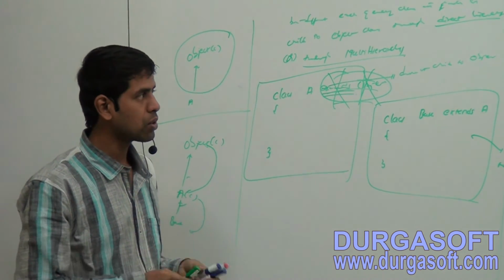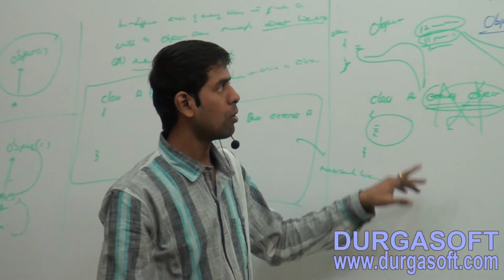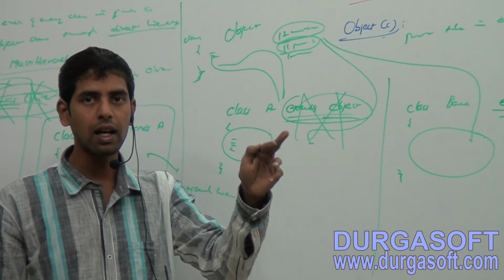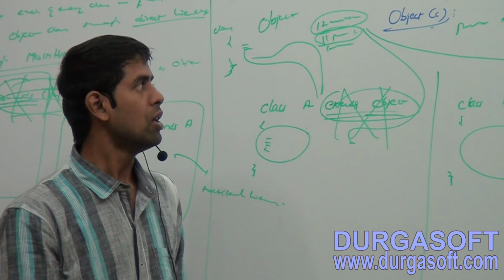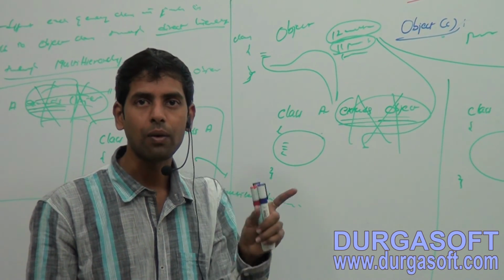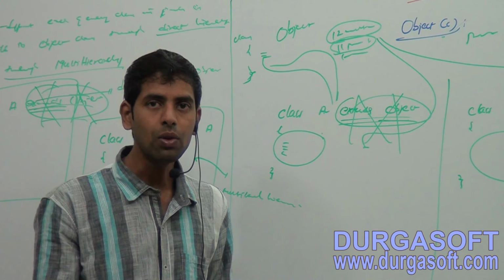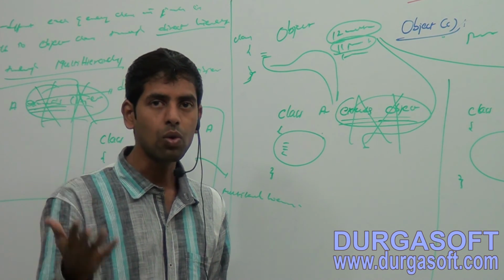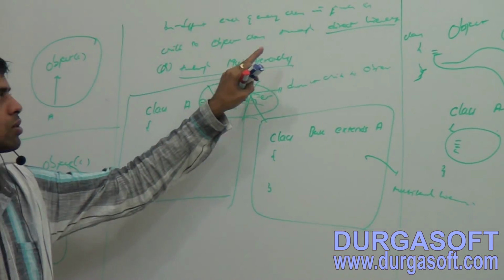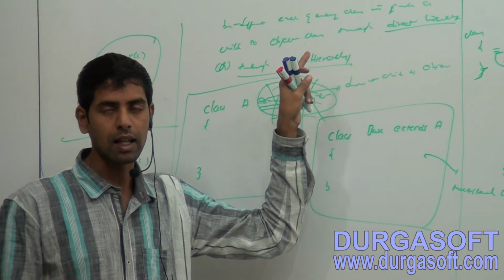Now observe what we have understood. Object is the parent class of each and every class in Java. So whatever class we write in Java will be a child of the Object class through multi-level hierarchy or through direct hierarchy.